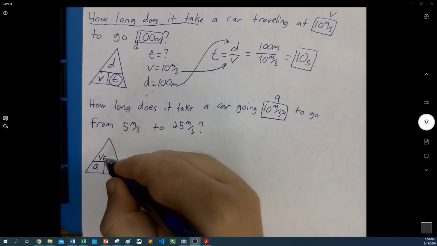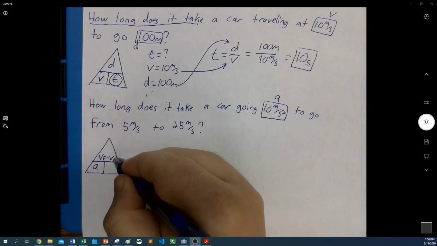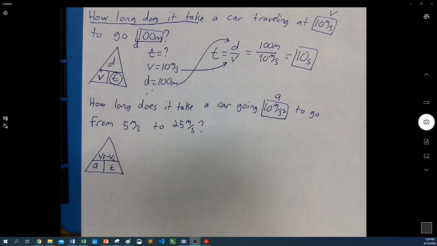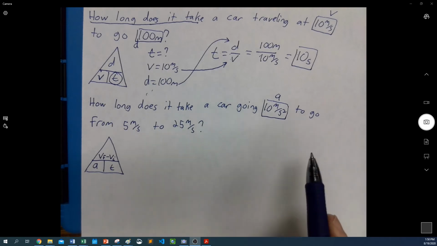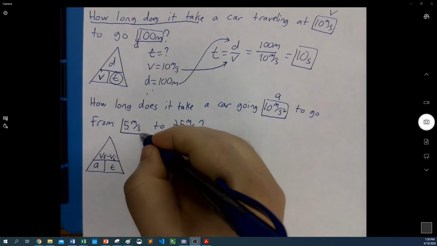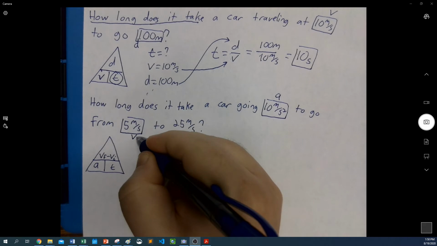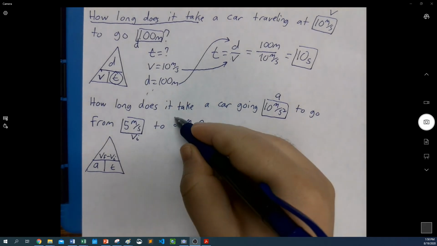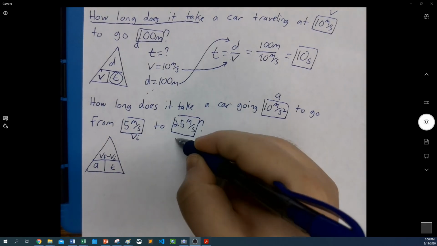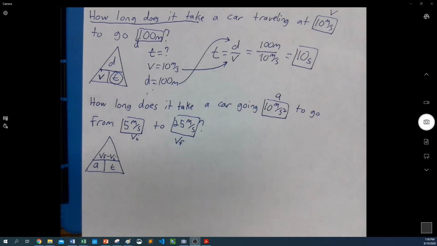Acceleration is the change in velocity over time. To go from 5 meters per second, that's your initial speed, to your final speed of 25 meters per second.